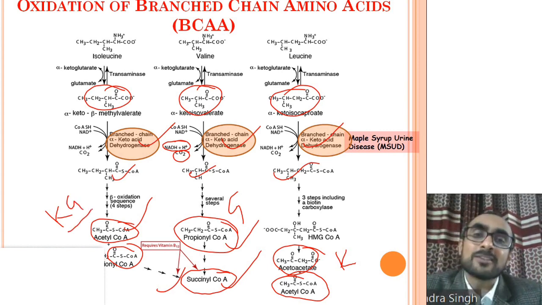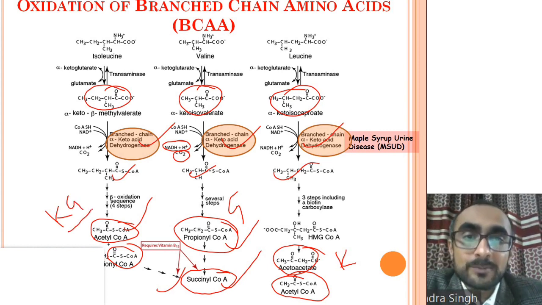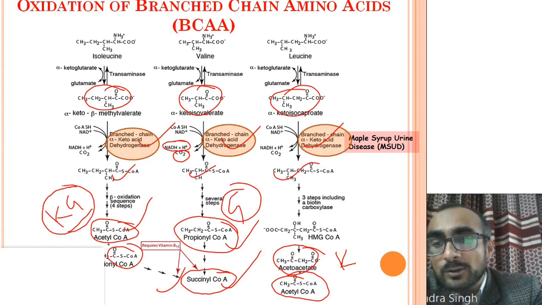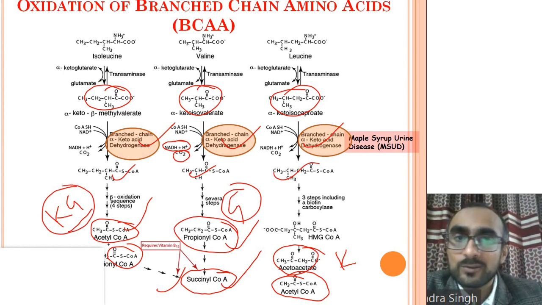Out of these three branched-chain amino acids, leucine is ketogenic, valine is glucogenic, and isoleucine is both ketogenic as well as glucogenic.